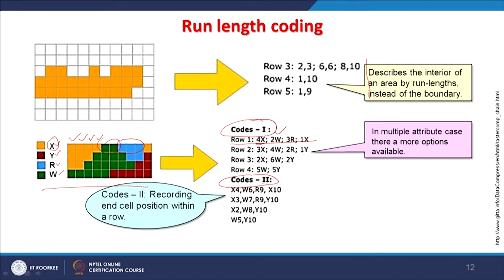Whatever is written first is row 1, then row 2, and this is the last row. So, you would find little different variations in all these compression techniques. When people implement, they apply their own mind and innovations, and sometimes may give better results.